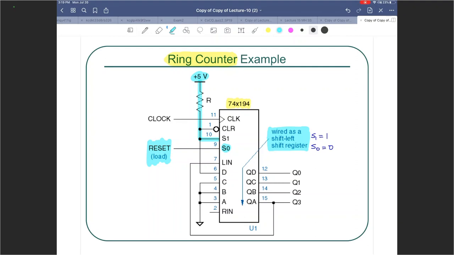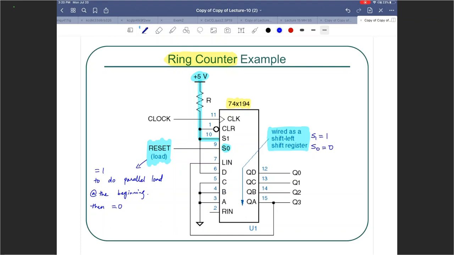So at the beginning, it equals 1 to do a parallel load, and then we make it 0. Only for a short duration at the beginning of the counting is it 1, so that we can do a parallel load, which means A, B, C, D get loaded in parallel into QD, QC, QB, QA, all 4 D flip-flops at once.